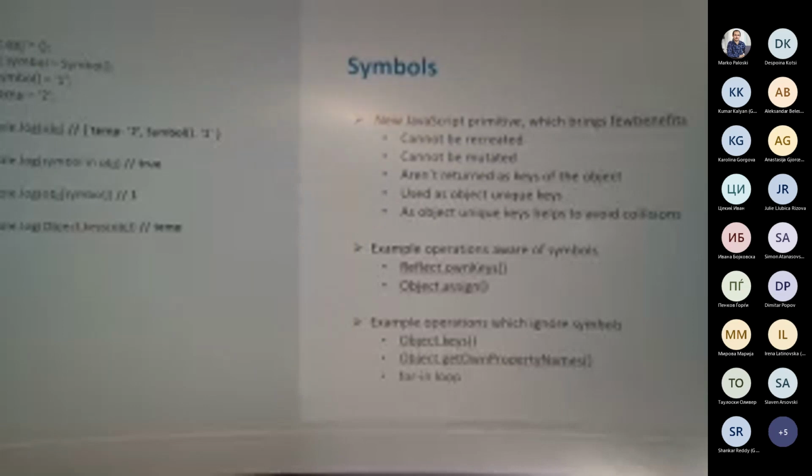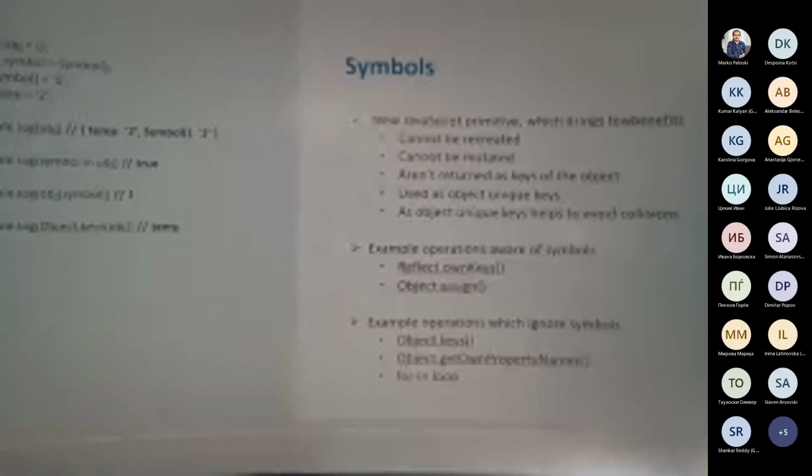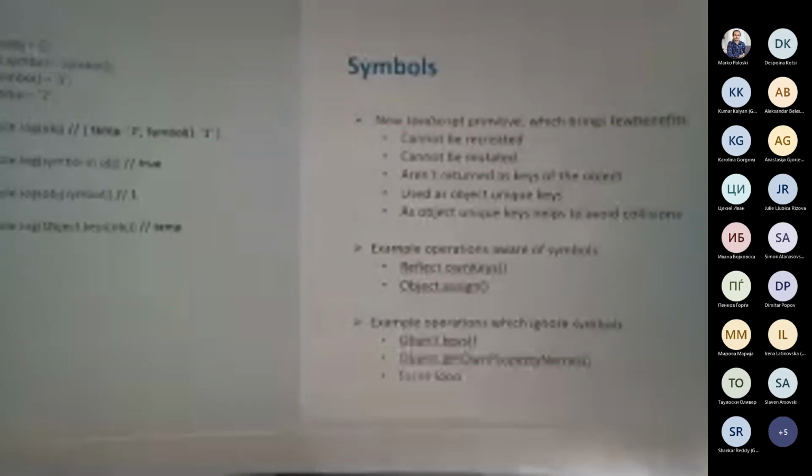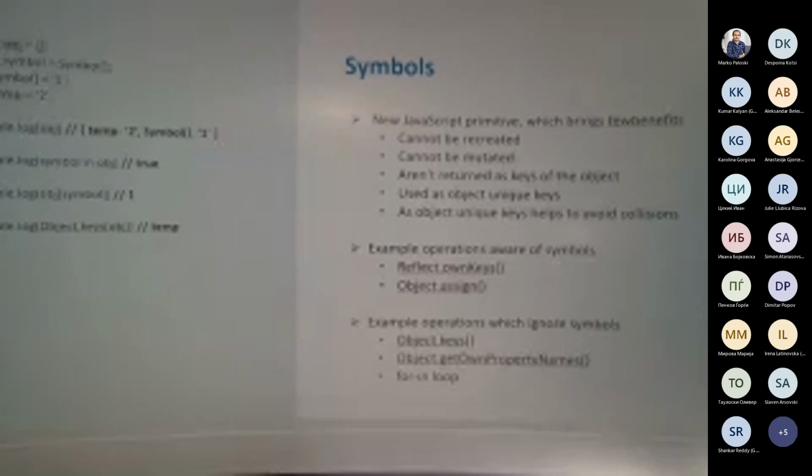So it will lose the unique number. But with symbols, it's not the case, because if we declare a symbol and add it as a property to the object, then any library that is approaching that object is not able to mutate that property. So yeah, you're safe. You can use it as a unique key, and you can avoid collisions with that.